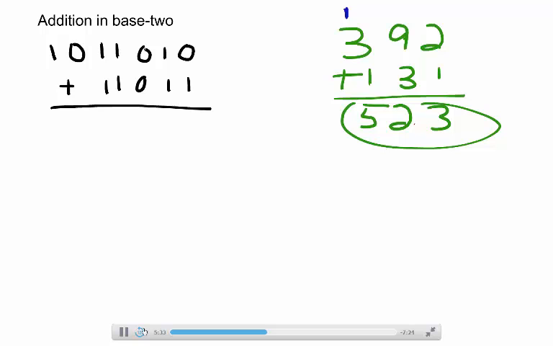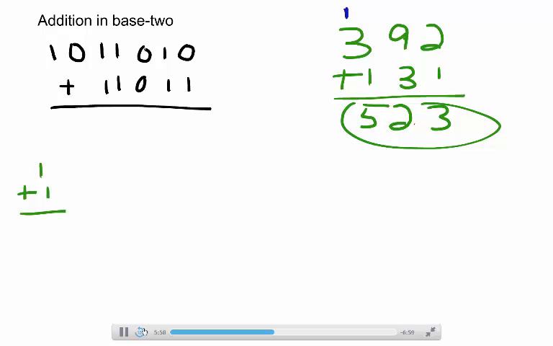We use a similar process for base 2. However, in this case, anytime we have a sum of 2, since 2 is like our 10 in decimal form, we're going to carry the 2 as a 1.